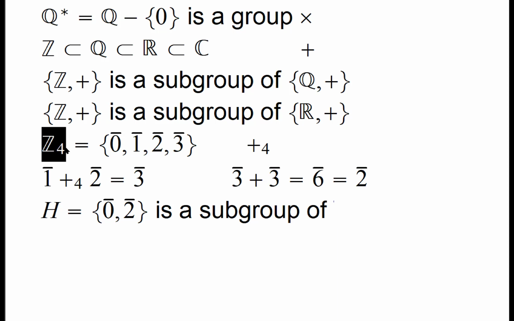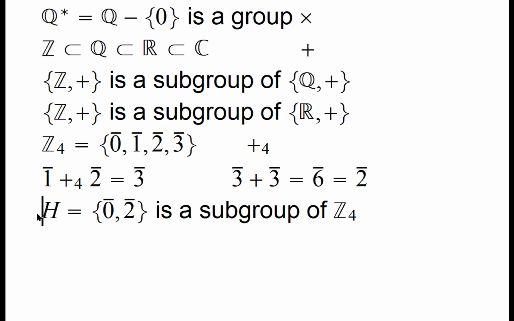And closure has to be checked. So let's check it verbally. 0 plus 0 is 0, 2 plus 0 is 2, and 2 plus 2 is how much? 4, and that is a 0 because divide 4 by 4, the non-negative remainder is 0, right? Okay, so that is a subgroup.